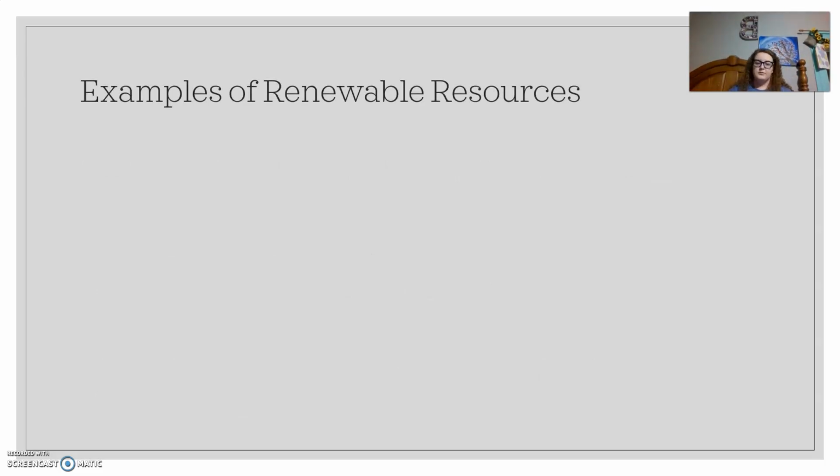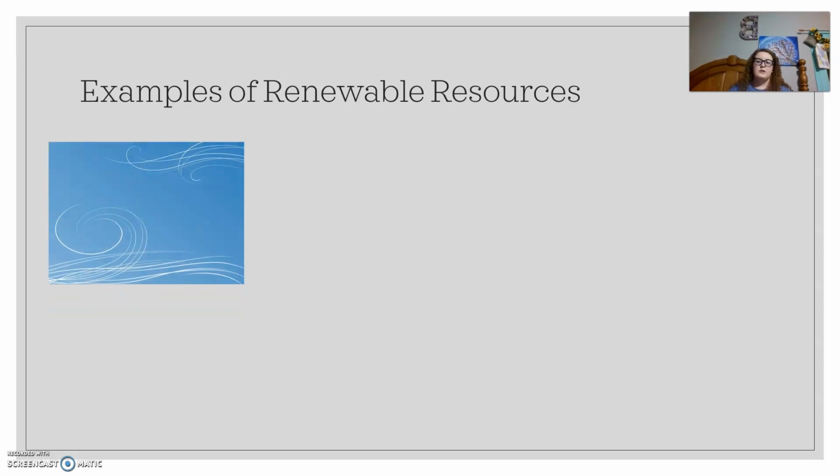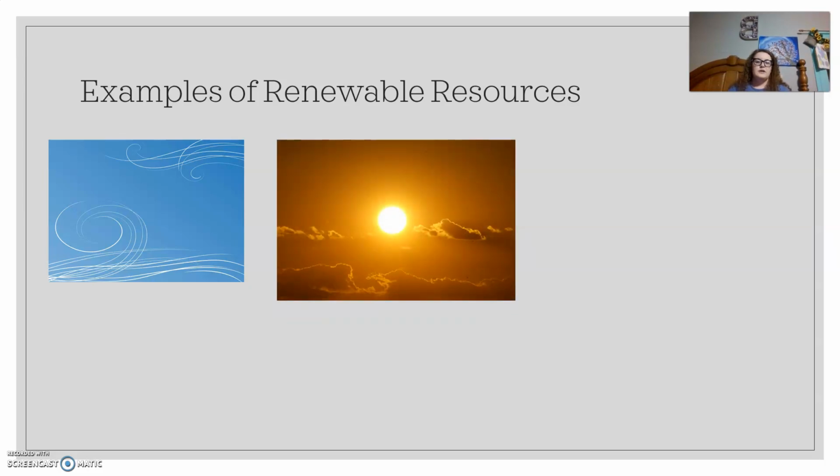Examples of renewable resources. The first one is wind, and we can use wind to turn turbines to create energy. The next one is the sun, and we can use solar panels to absorb the heat from the sun and convert it into energy.